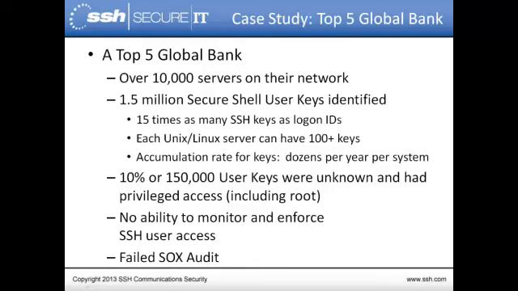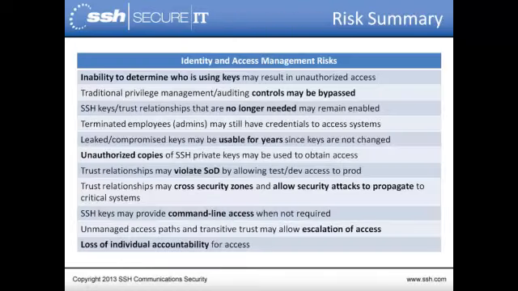This is both a legacy of keys that have not been removed, but also the prevalence of all these automated processes that are enabled by secure shell keys. And so this turned out to be in violation of some basic risk and governance issues, and in fact, they had failed a SOX audit over the issue of segregation of duties, and this is why we're working with them today. And this is not an uncommon scenario. This is actually fairly typical across the industry.